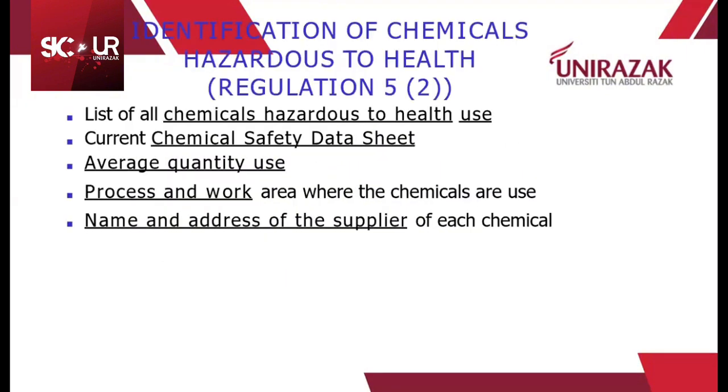Identification of chemical hazardous to health, regulation 5(2): list of chemicals hazardous to health in use, current chemical safety data sheet. So sekarang kita dah tak pakai chemical safety data sheet, kita merujuk terus kepada SDS, safety data sheet, average quantity in use, process and work area where the chemicals are used, name and address of the supplier of each chemical.